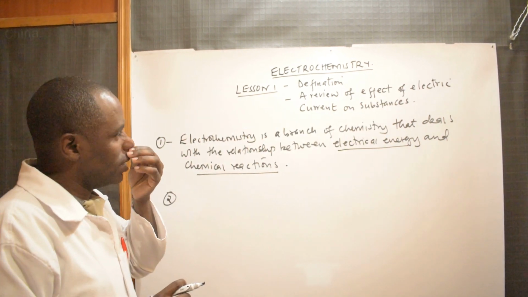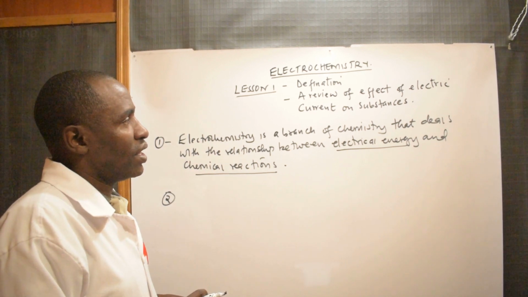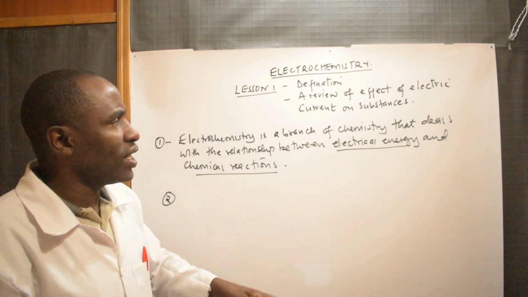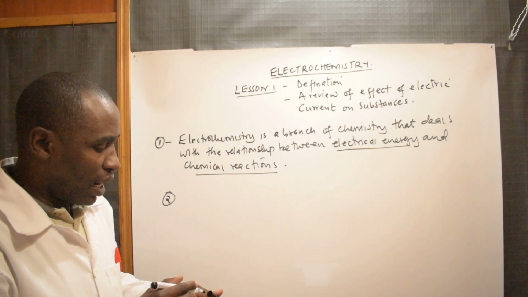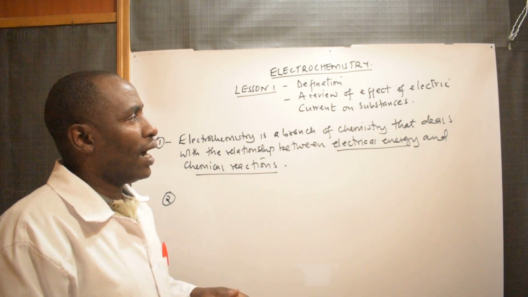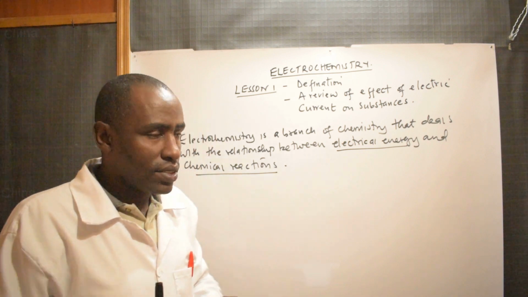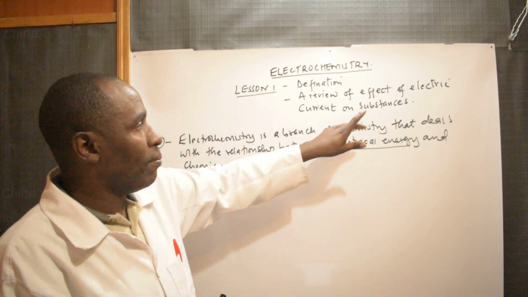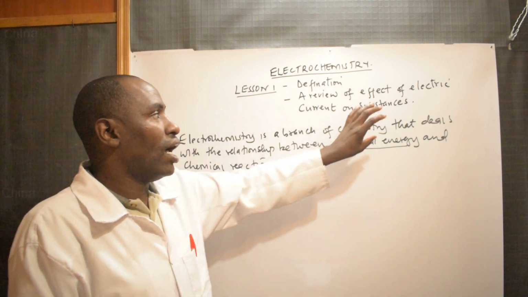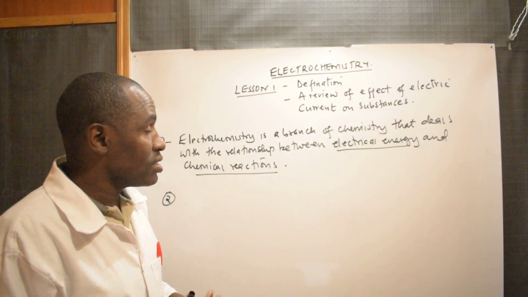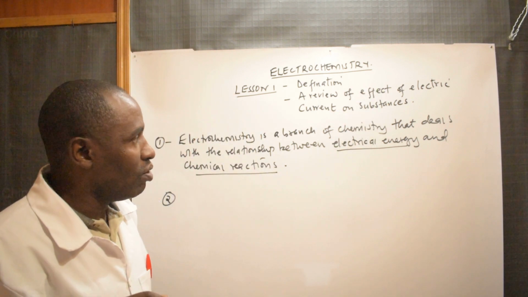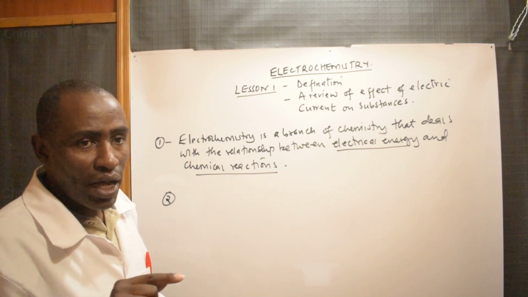In our Form 2, we mentioned that when an electric current is passed through some substances, some reactions occur. In others, you are going to realize that no reaction occurs, or that some substances will not even allow an electric current to pass through them.